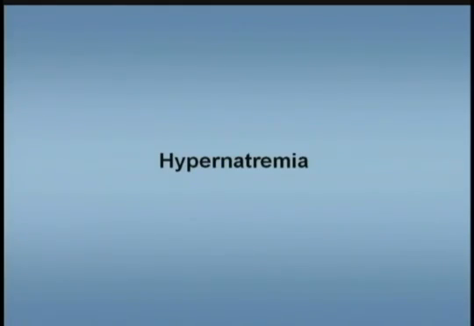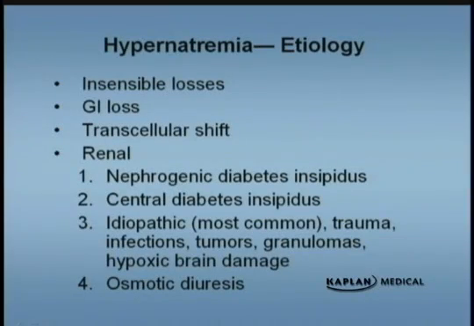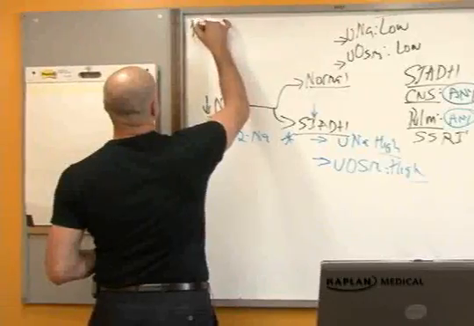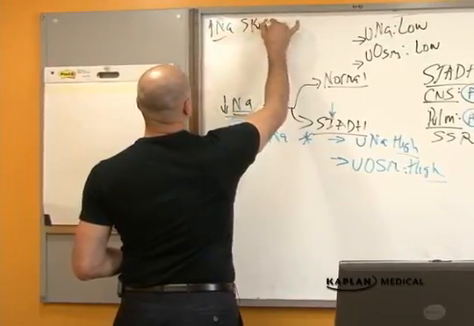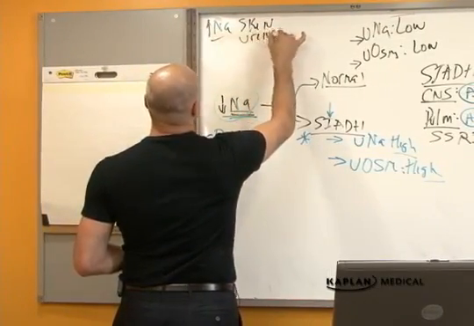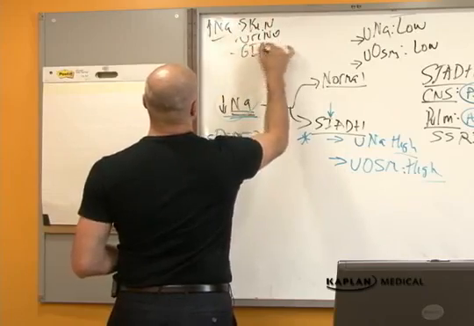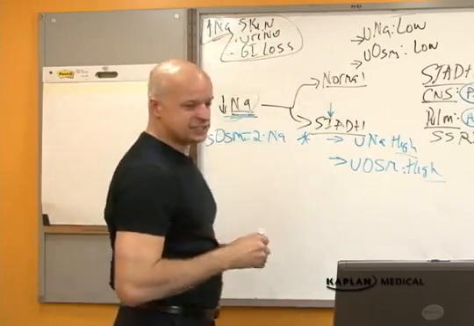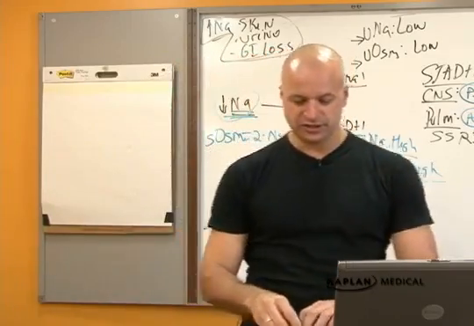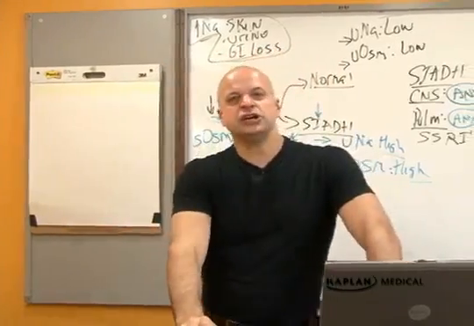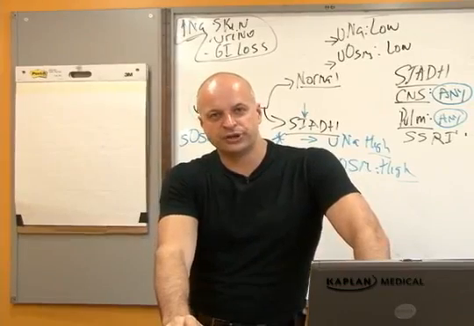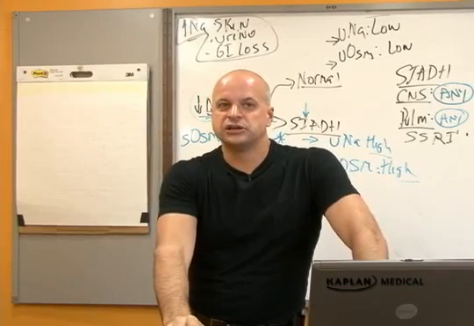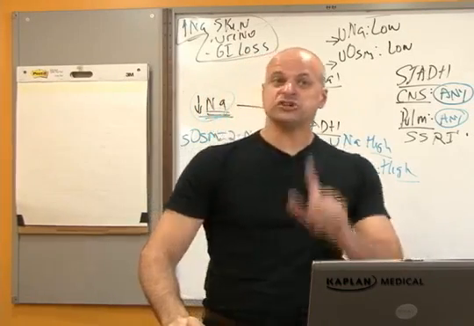Now, hypernatremia. What happens with hypernatremia is that it is anything that causes you to have skin, urine, or GI loss of fluid.